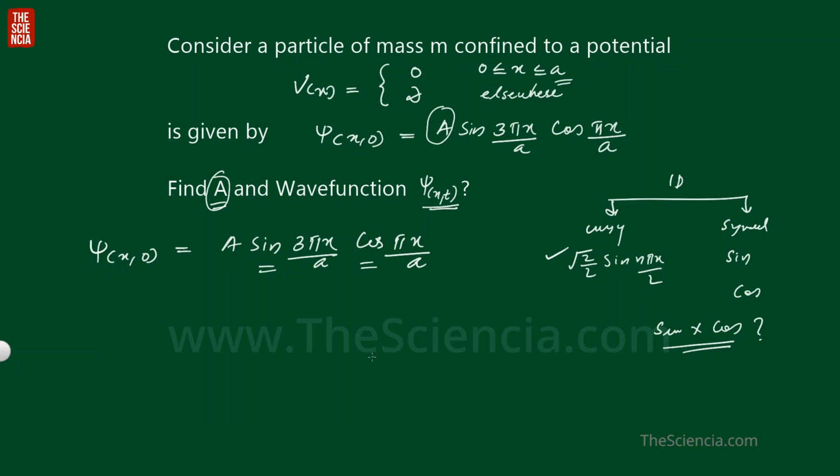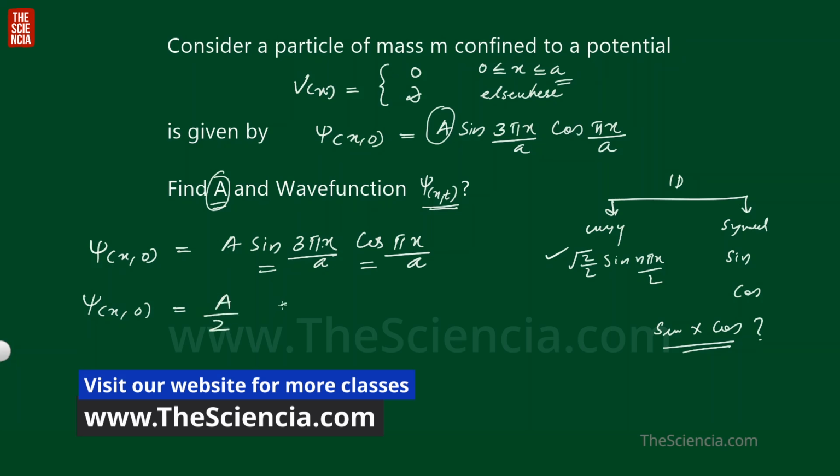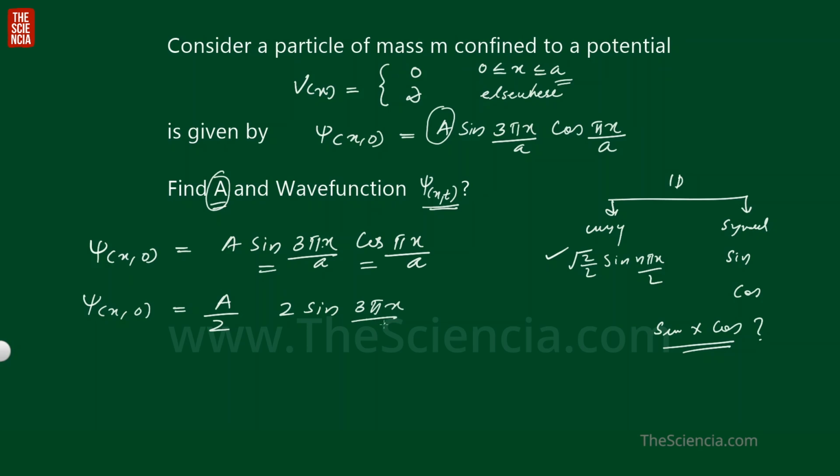Okay, so how can we do this? Here we have to do some mathematical manipulations. I am going to rewrite this equation as psi of x0 is equal to a by 2 into 2 sine 3 pi x by a into cos pi x by a. Here I am taking this term as a and this term as b.